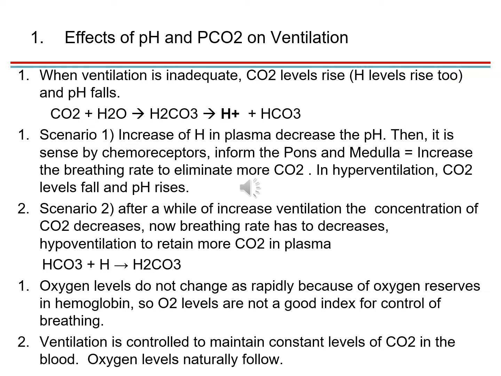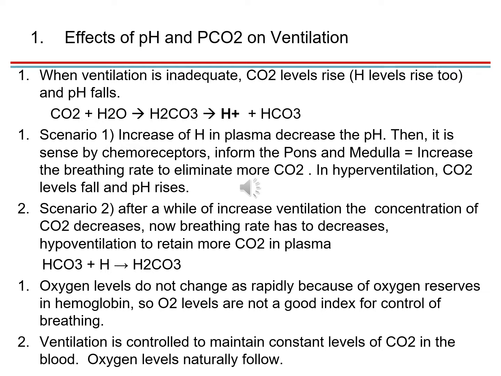In scenario number 2, after a while of the ventilation increase, the concentration of carbon dioxide decreases, and it's possible that it decreases to the level that those chemoreceptors detect.